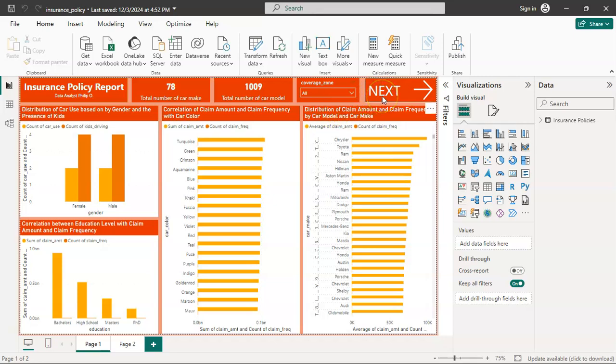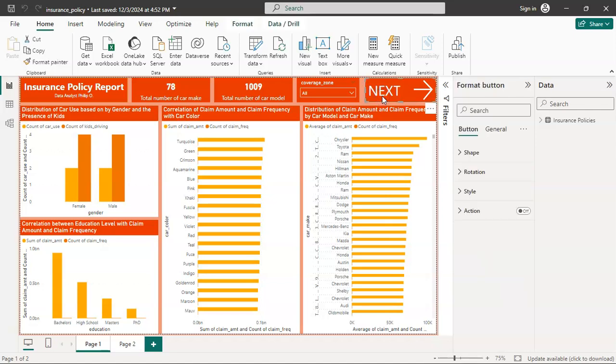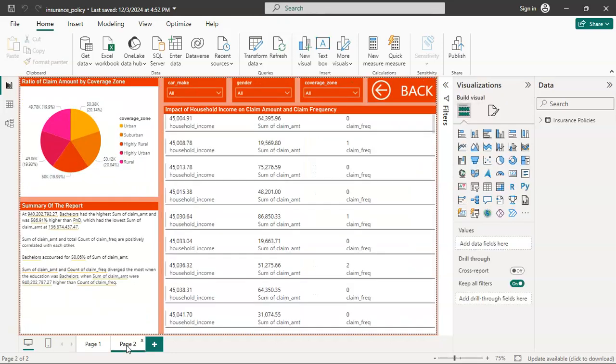So we go to the next page of our dashboard. The dashboard shows the ratio of claim amount by coverage zone.